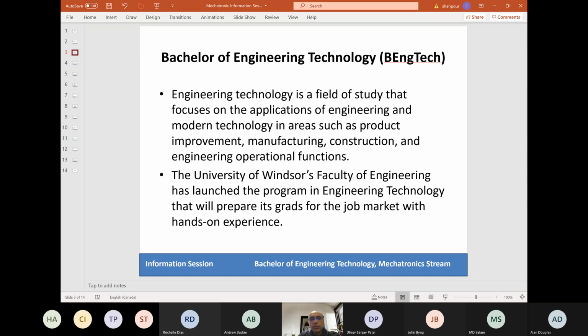We launched this program around 10 or 11 years ago with 3 basic streams, then we developed the mechatronics stream, and right now we are focusing on a biomedical stream.